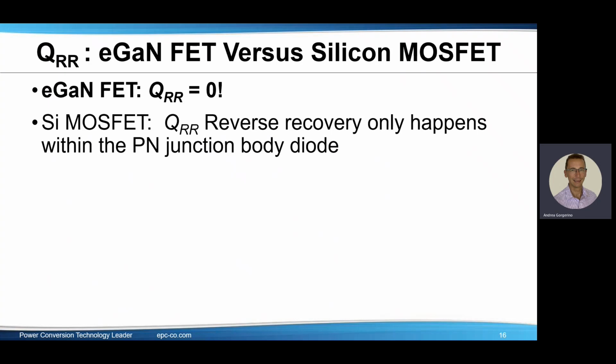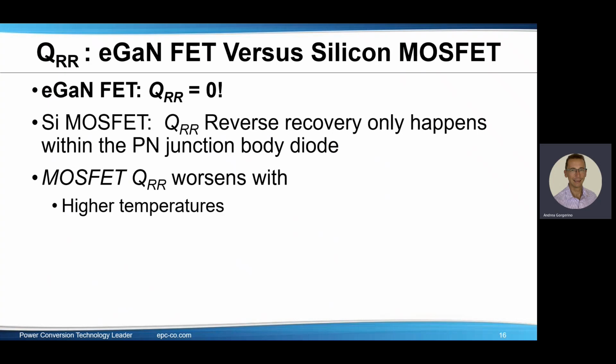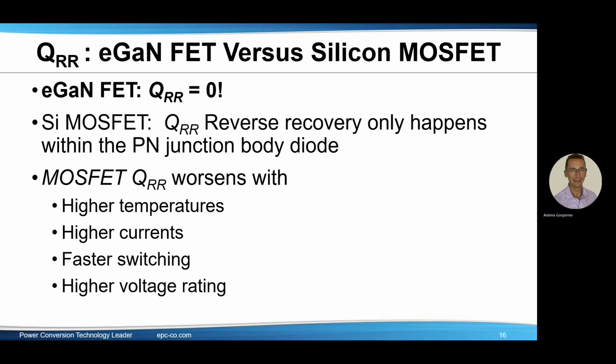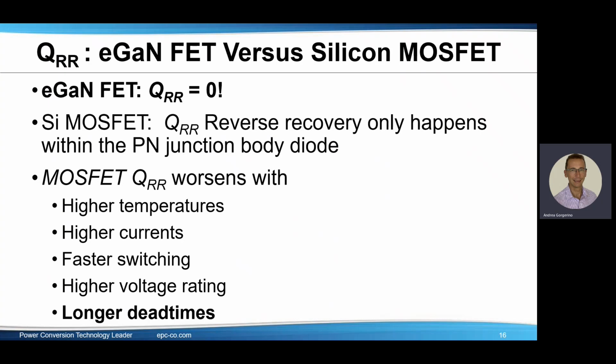It is not very well characterized in the datasheet. There is a number, but in reality, this number will worsen with higher temperatures, with higher currents, with faster switching, as well as higher voltage rating, and it also depends on dead times. In particular, longer dead times will make it higher.